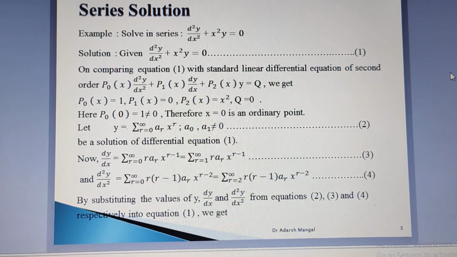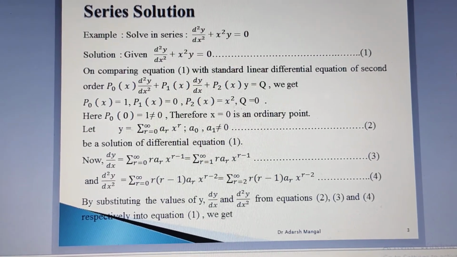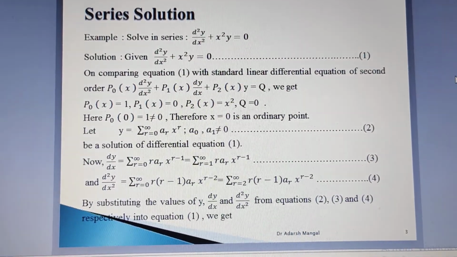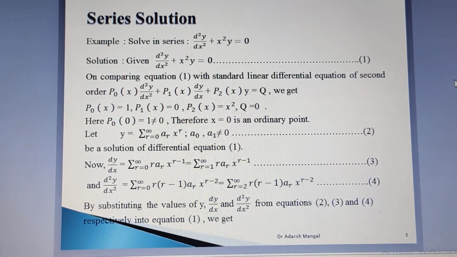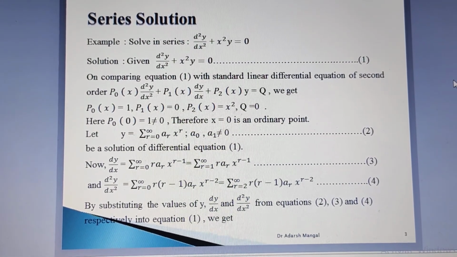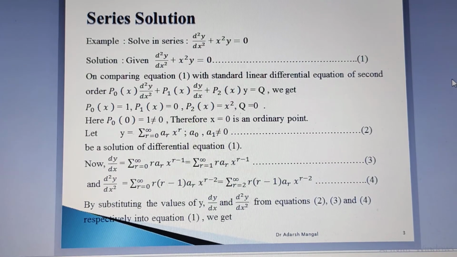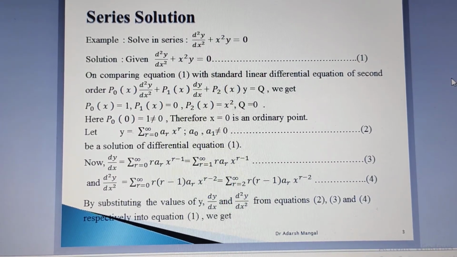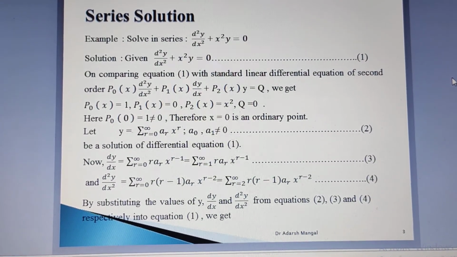P2x is x square and q is also 0. Now if we put x is equal to 0, then we have P naught 0 equal to 1, which is non-zero. So x is equal to 0 is an ordinary point.